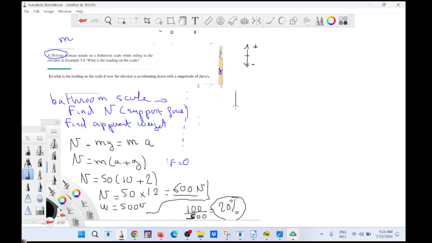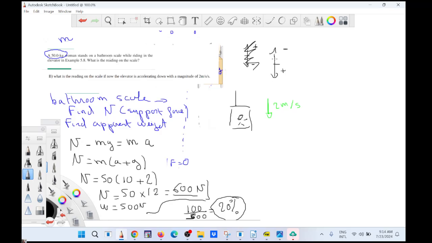So now we still have the lady inside. But now the acceleration is down with a 2 meter per second squared. So since this is the acceleration and this is down, I'm going to take down to be positive because it simplifies things if you always take the acceleration to be positive.